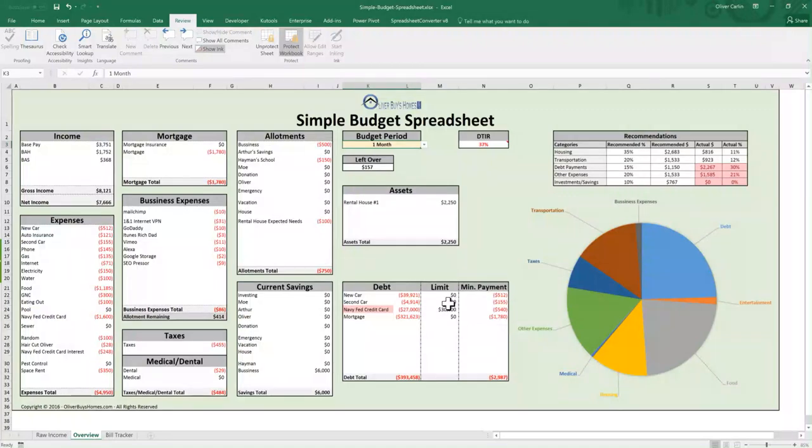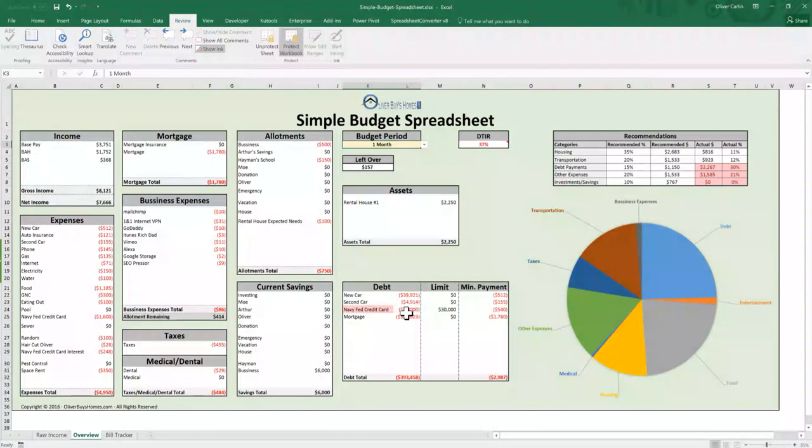Now the reason all this is important is the reason this is showing up pink is for credit purposes. How much you owe in comparison to your limit on that credit card should never go above a 30% ratio. So technically this shouldn't be above $10,000 to keep me below the 30% ratio. But if it is, your credit score is going to go down.